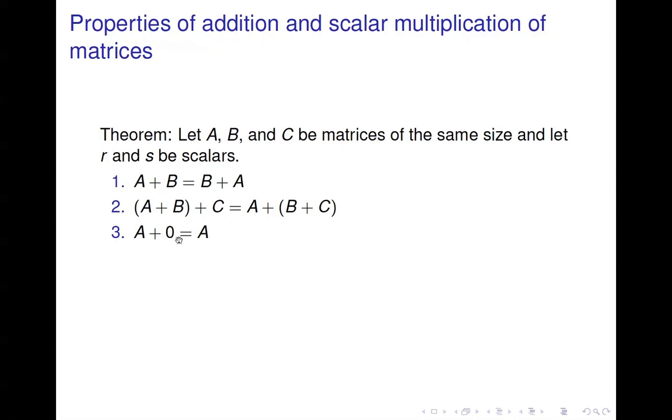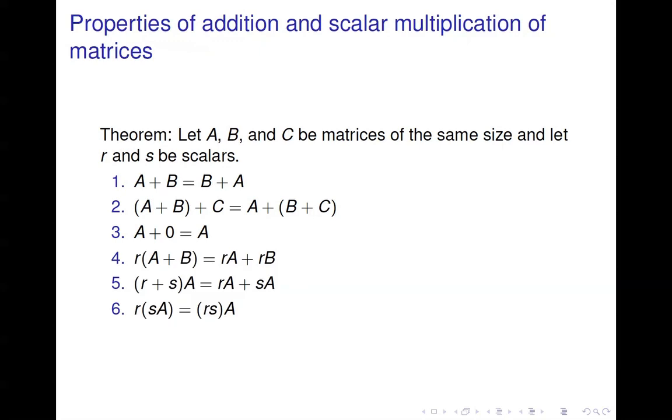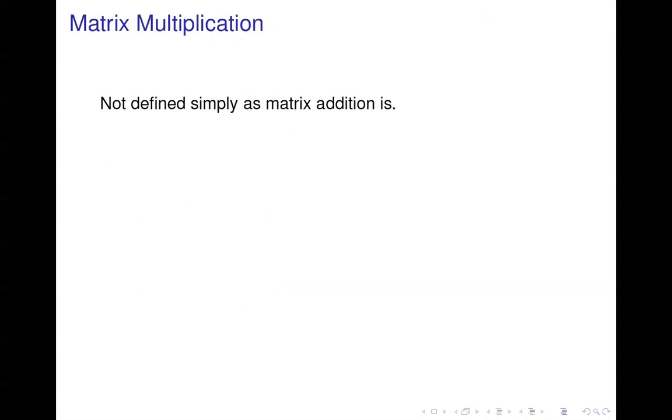And if you add any matrix to the 0 matrix, you get the same matrix back. And then the last 3 were regarding scalar multiplication, and essentially these say that you can stick the scalar wherever you'd like to, wherever it's convenient. It all is equivalent.